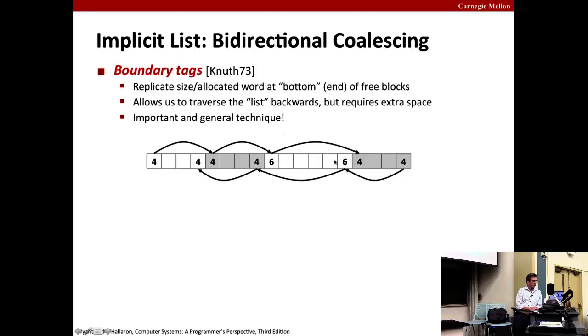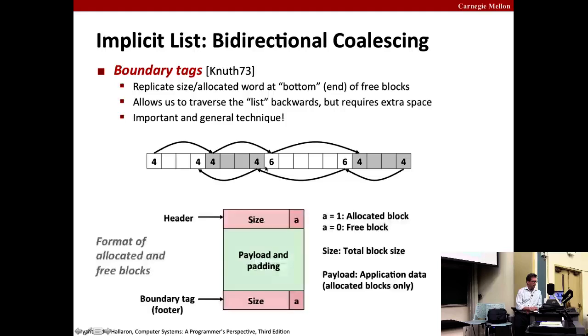So now, given some block that we want to free, the size of the previous block is always at a fixed offset of one word previous in memory. So given a pointer to the header of this block, we can look one word back to see the size and the allocation status of the previous block.